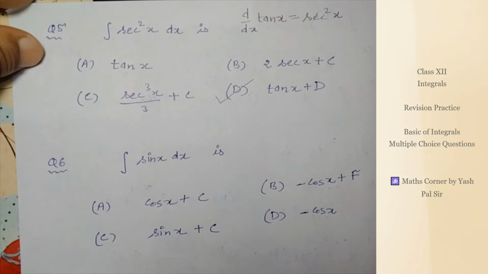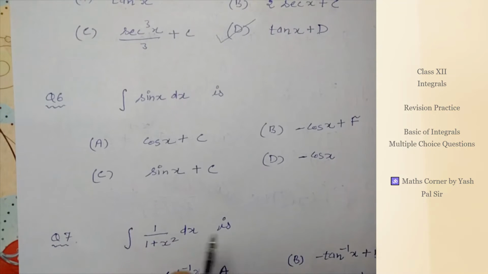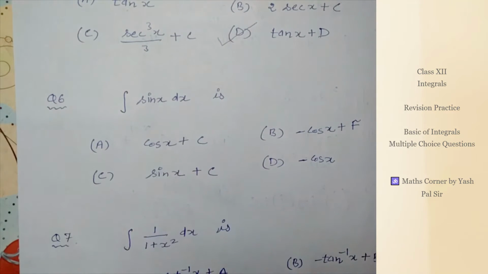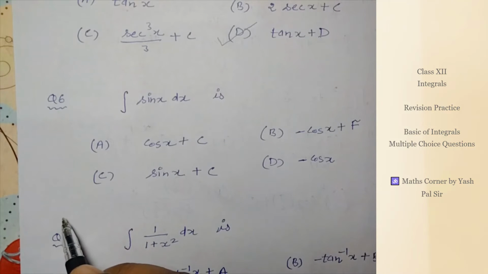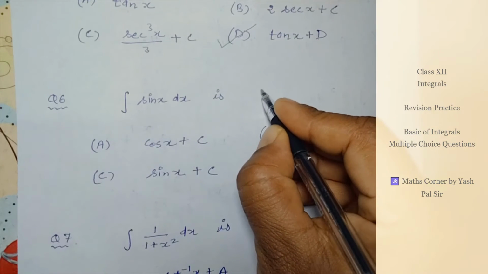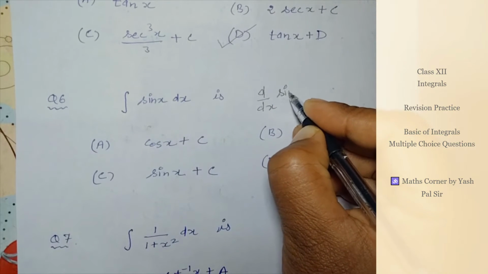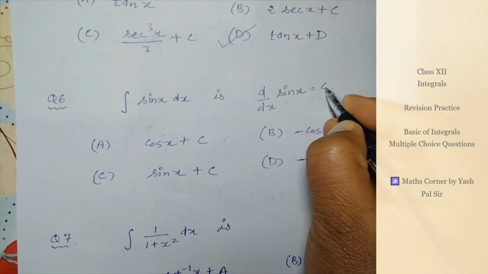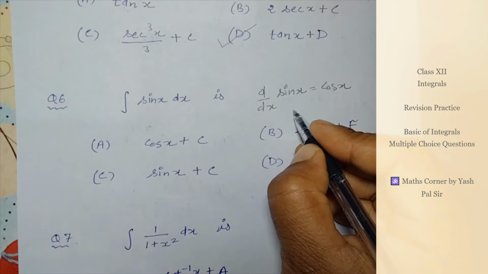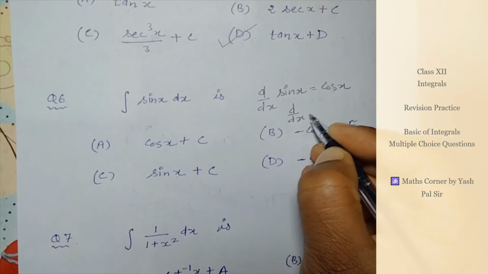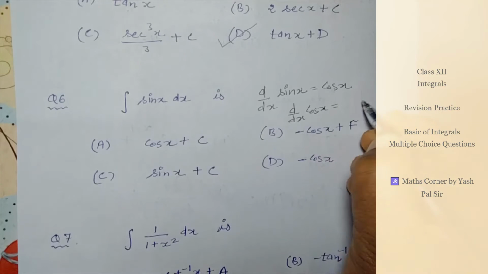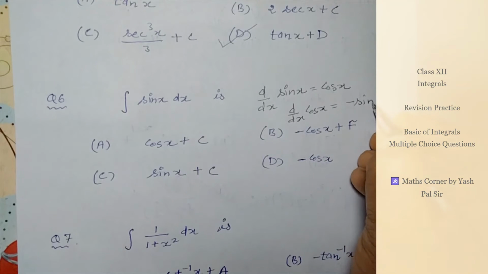Now coming to the next question, question number 6, sin x dx. What is the integration? We know that the derivative of sin of x is cos of x, but the derivative of cos of x is minus sin x.